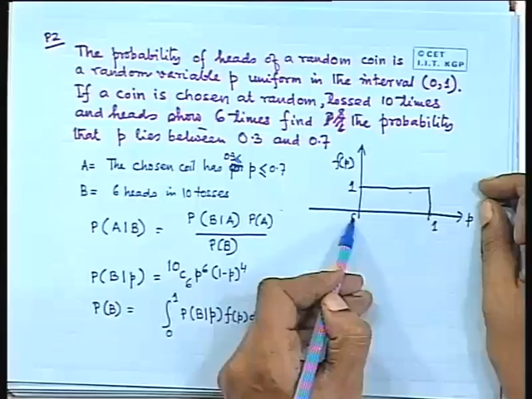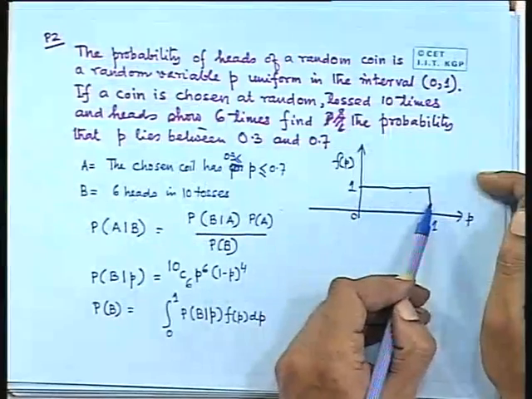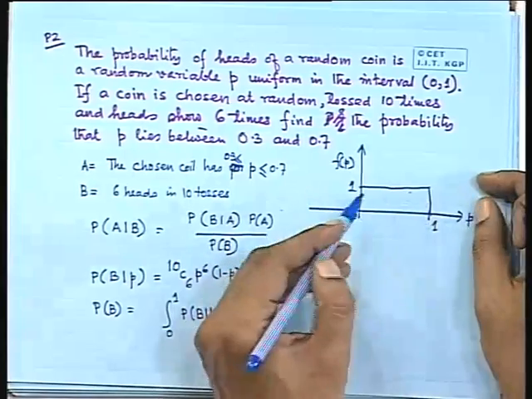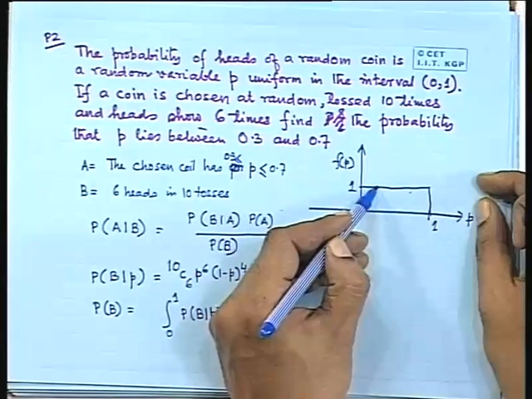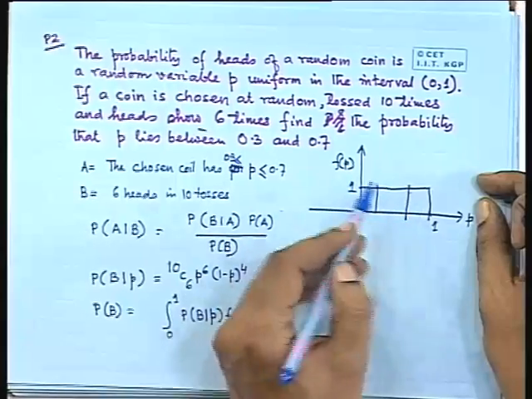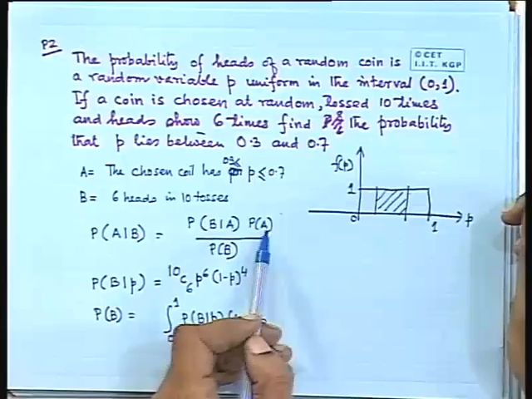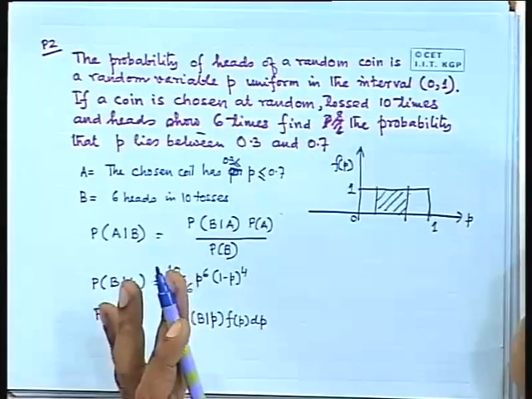Uniform in the interval 0 to 1, so this whole area is 1. Then between 0.3 and 0.7 it is going to be 0.4 naturally.